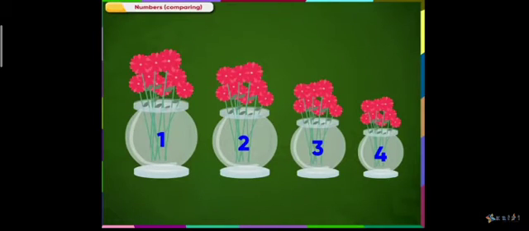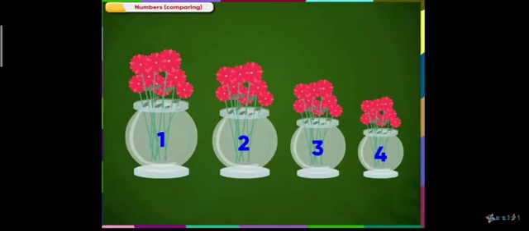Now, when we arrange anything from biggest to smallest, then it is called descending order or decreasing order. As we can see in this picture, we have arranged the same flower pots in decreasing order of their height.